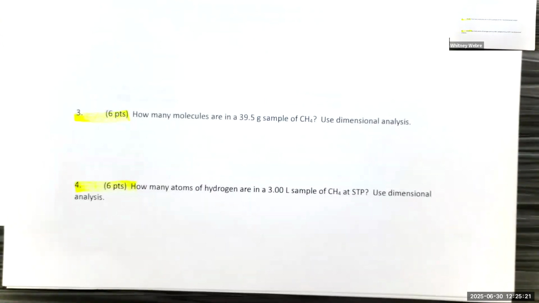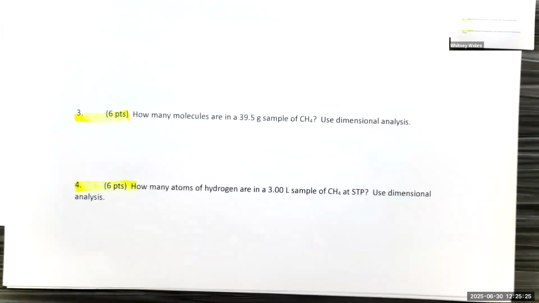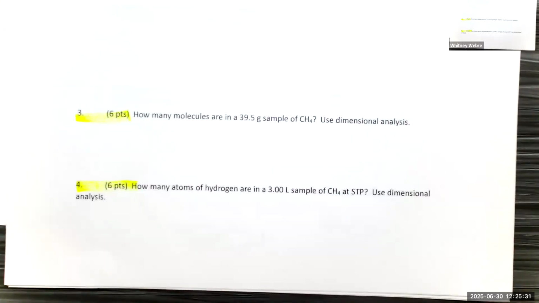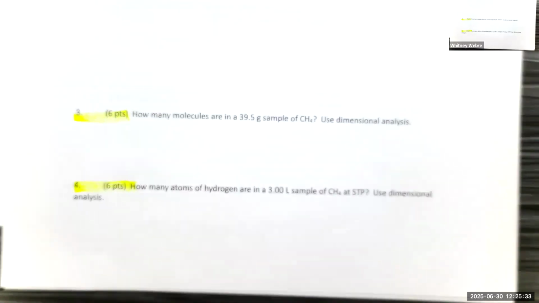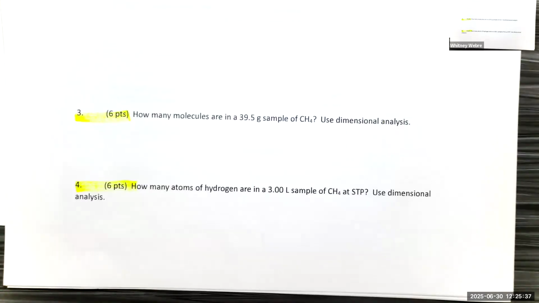Yes, this would be molecules. When I say representative particles, I mean the smallest version of whatever compound I throw at you. If I had said chlorine or carbon instead of CH4, then yes, it would be atoms because that's the smallest it would be. But this is a molecule. CH4 is a molecule. So if it asks for molecules, that is the representative particle.